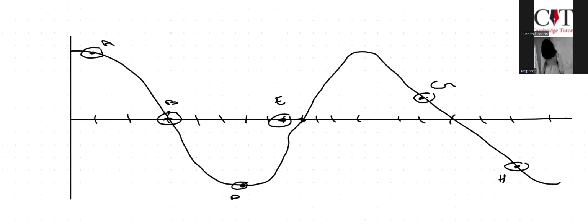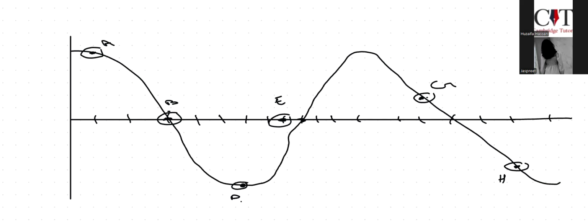First, let's make a wave. This is the wave given to you, and now they are asking to find the phase difference between the point A and D. This is point D, this is point A, and they're asking to find the phase difference between A and D. D is on a trough, which is a fixed point.